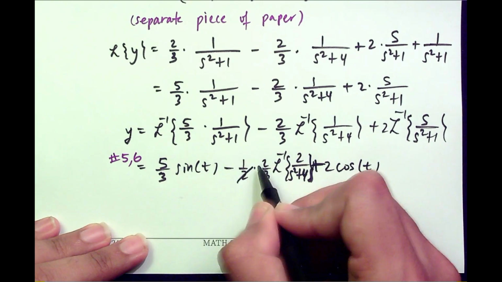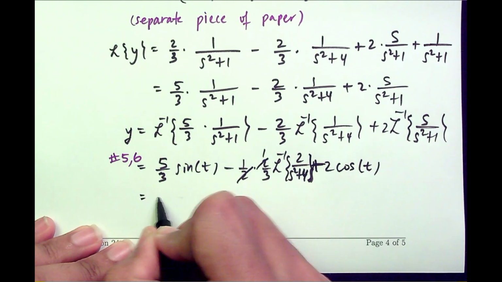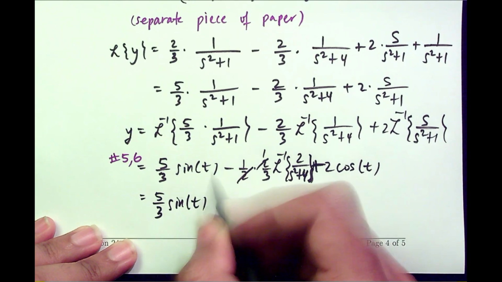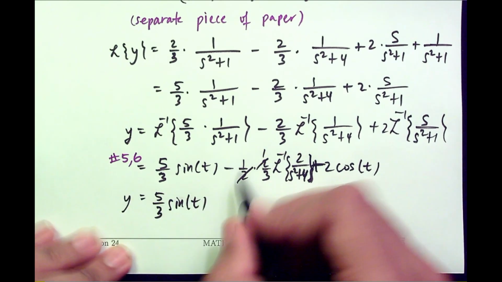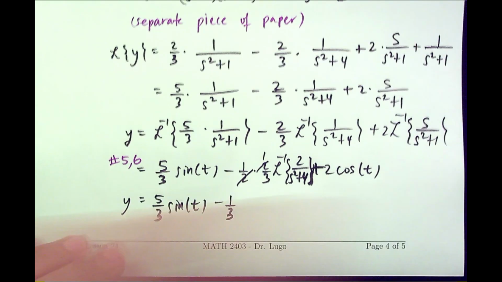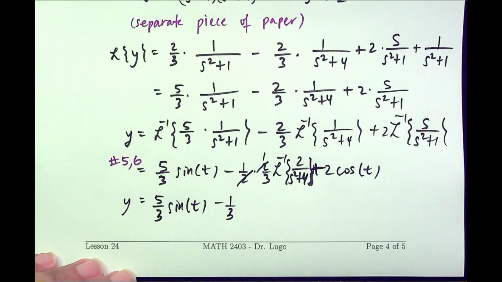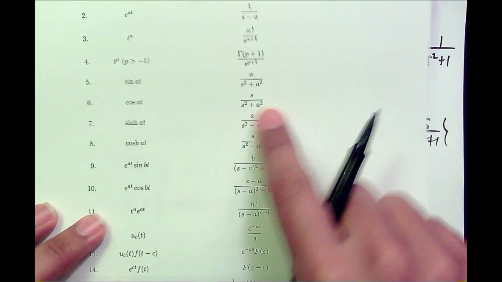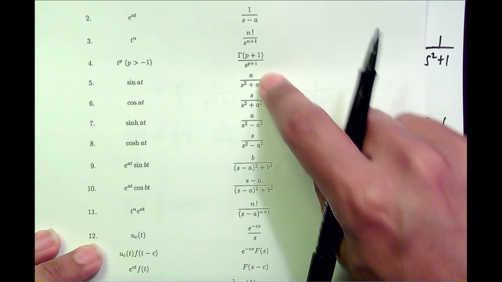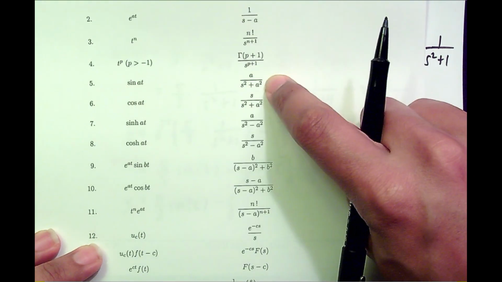Now in the next step, I can invert it. I'm going to cancel those as a third. So this is going to be 5/3 sine of t minus 1/3. Now it matches perfectly with number 5, the top is a constant.